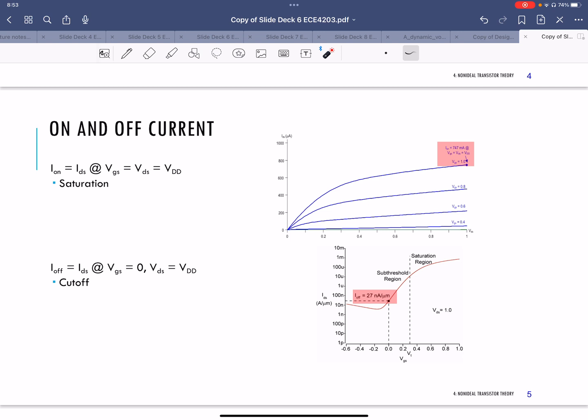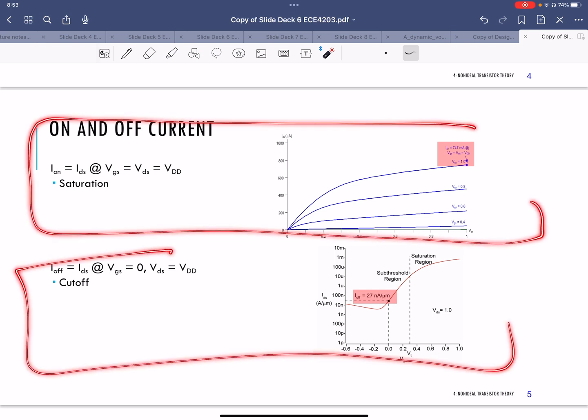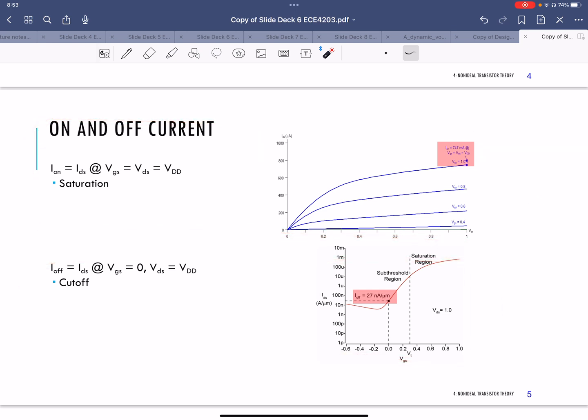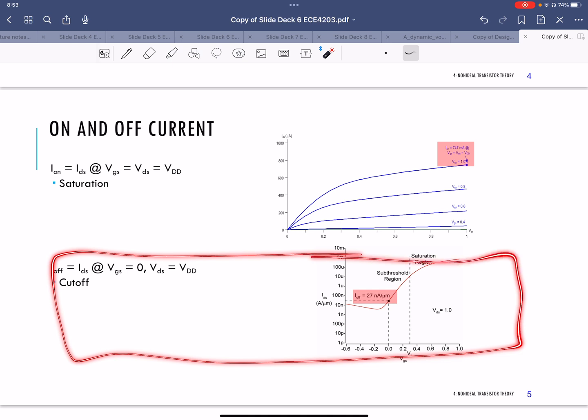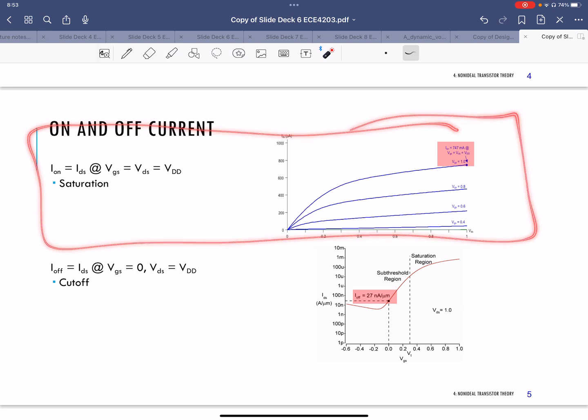And I want to really focus during this lecture on the on current of the device. There's really non-idealities both in the on current and the off current of the device, but I'm going to leave the off current for now because at least that paper, the alpha model, is really focused on the on current.